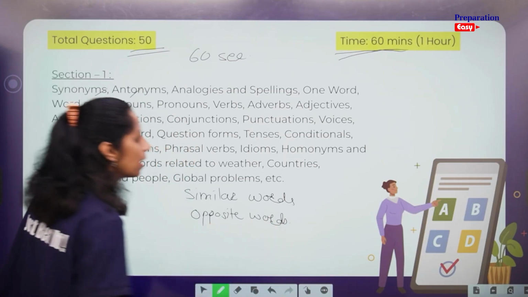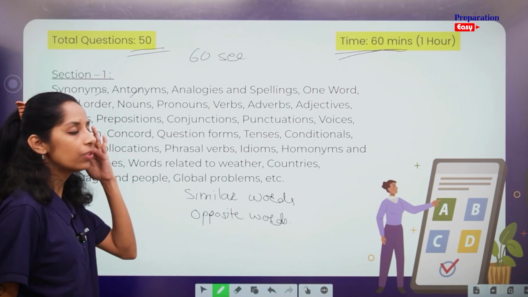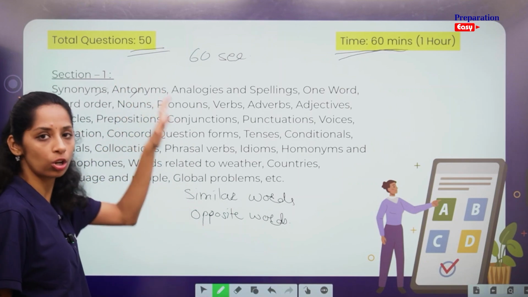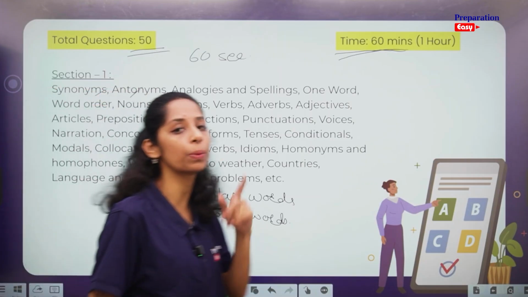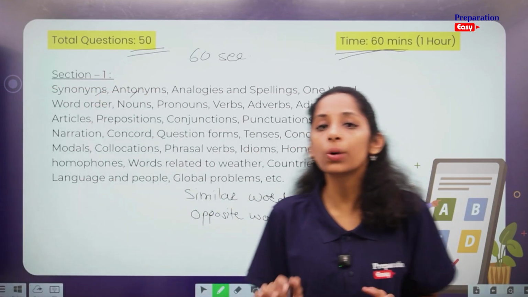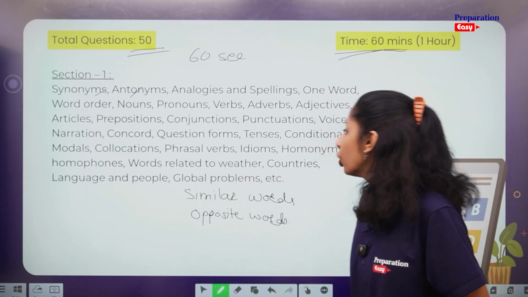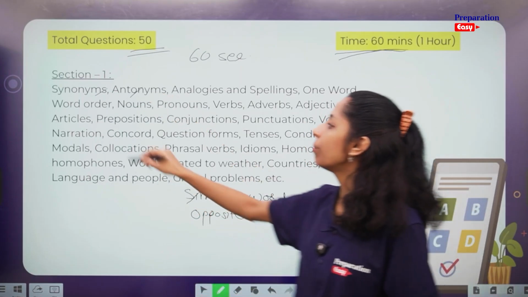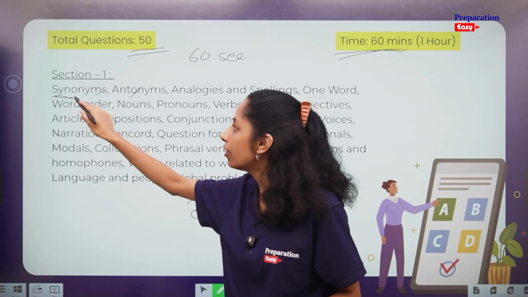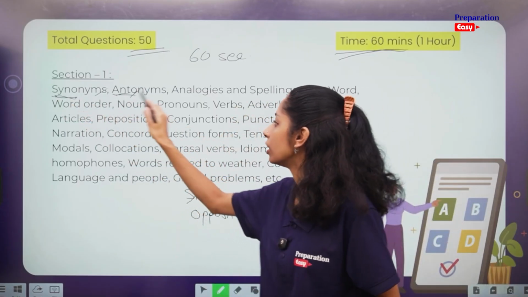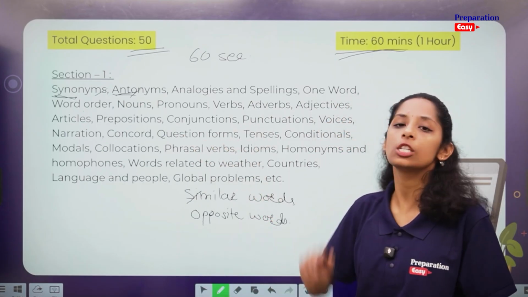This is not going to be asked in your question paper, but we need to understand what is synonyms and antonyms, and specifically if you are preparing for the first time, you need to understand the concept of each and every topic. Okay. So for similar words, you can remember like this: synonyms, similar words, and anti means opposite. Okay. So antonyms is for opposite words.